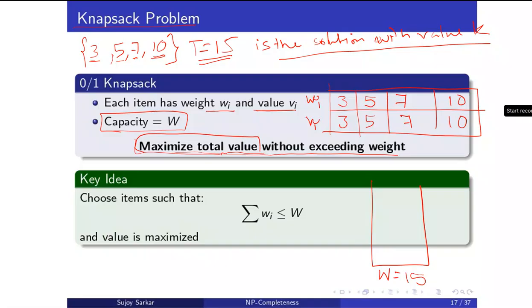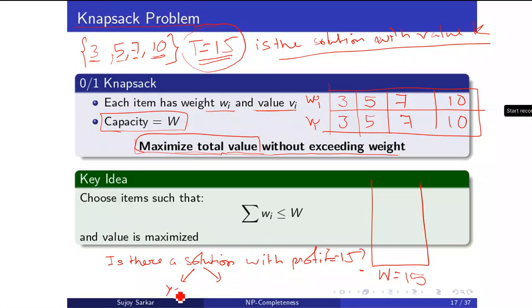Okay. Now the question we ask in subset sum is, is there a solution subset whose sum is 15? So that answer is yes or no. In knapsack we'll ask the question, is there a solution with profit or total value equal to 15?